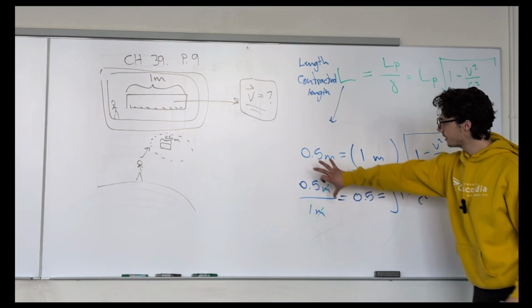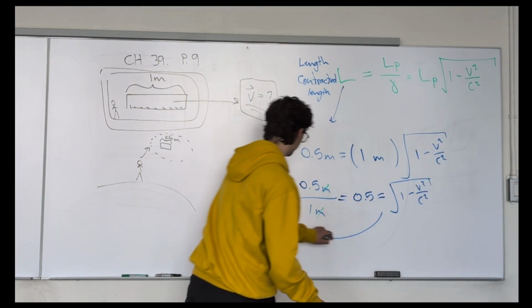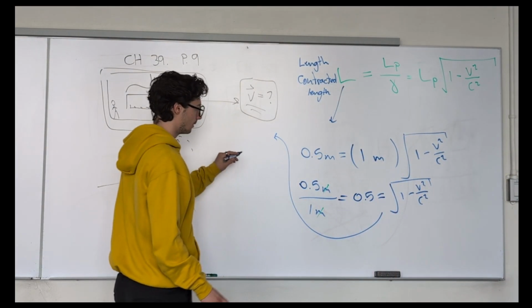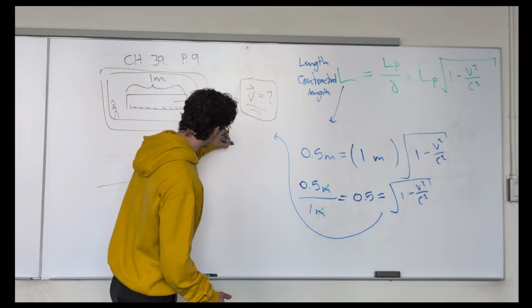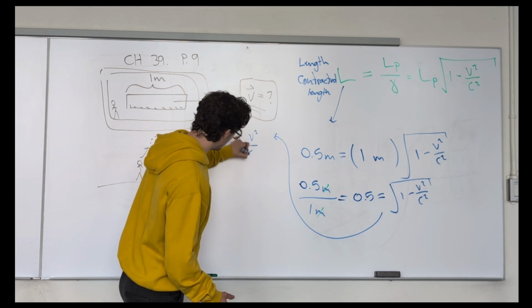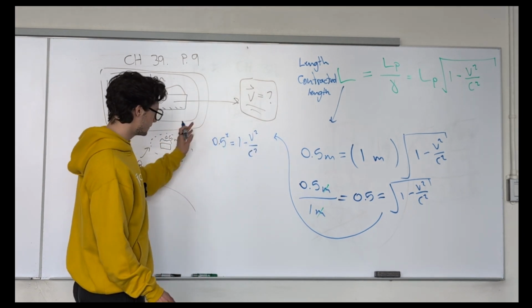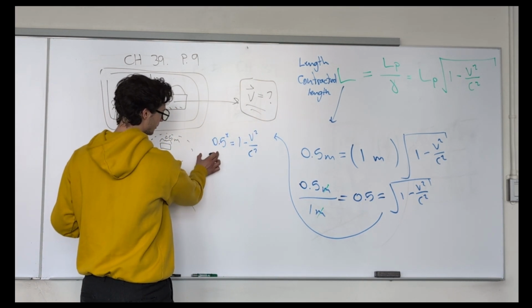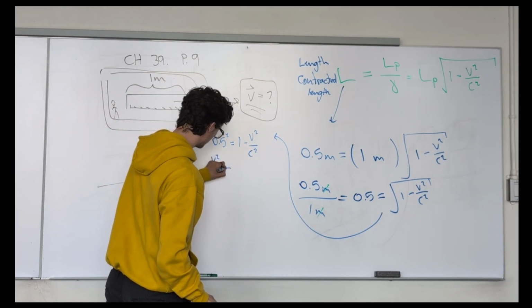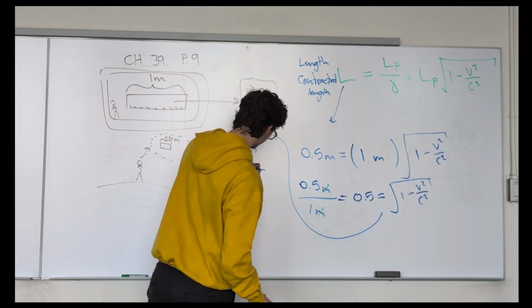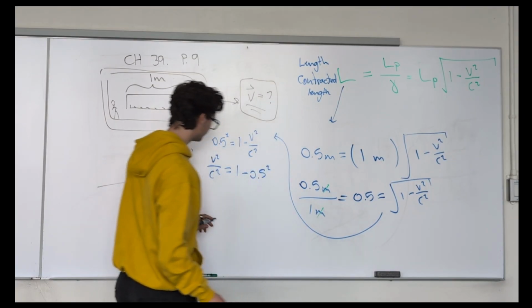Now I can take this entire equation and square both sides, so I have 0.5 squared. On this side, I have 1 minus v squared over c squared. I can move some stuff around, so I'm going to add this term on this side, subtract this term on this side. So that gives me v squared over c squared equals 1 minus 0.5 squared.